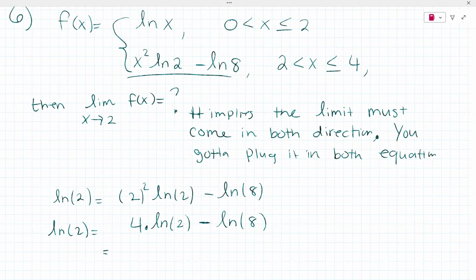If you have a number in front of the natural log, when you're condensing, it's a power. So this could be expressed as ln of 2 to the 4th power minus ln of 8.